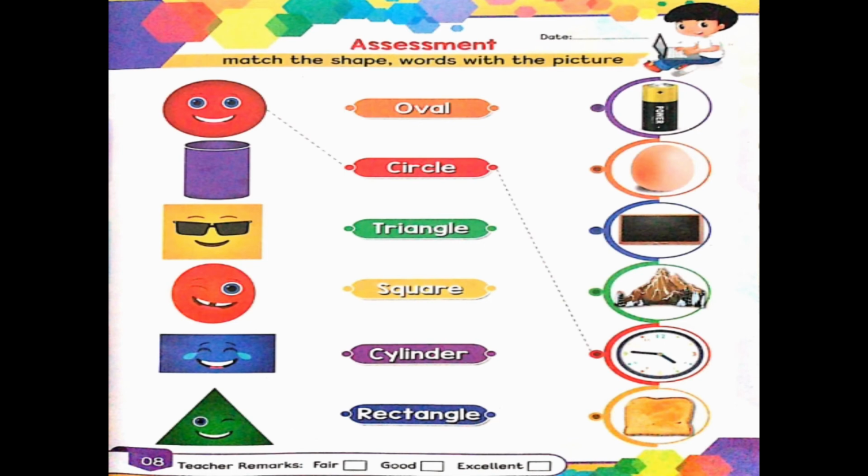Okay, now there is a rectangle. You have to match it with its name, rectangle, and then you have to match it with the board because they are also similar. And then we have a triangle. You have to match triangle with its name, and then match it with mountain because they are the same in shape.